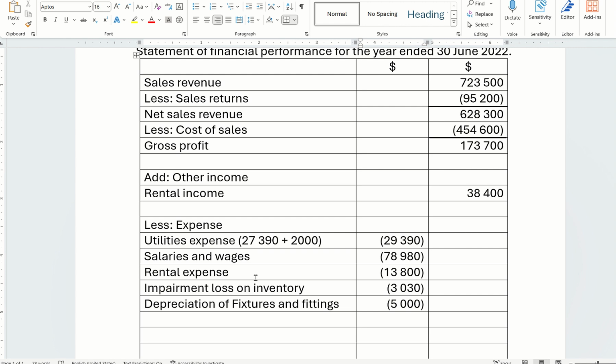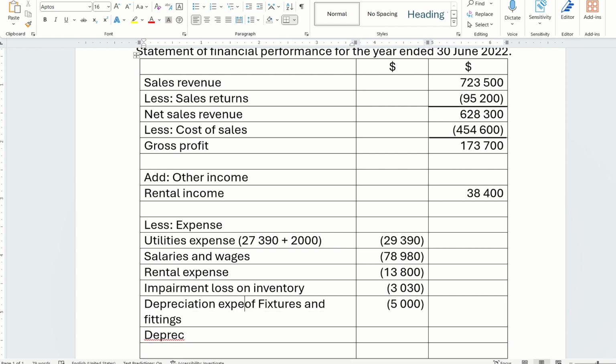So I have depreciation of fixtures and fittings, depreciation expense, excuse me. And after I write down my depreciation expense of fixtures and fittings, I must write down the working. 5,000 minus 0 times 10%. I must always write the working. No working, you lose marks.